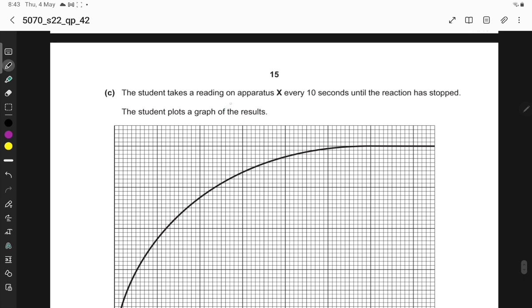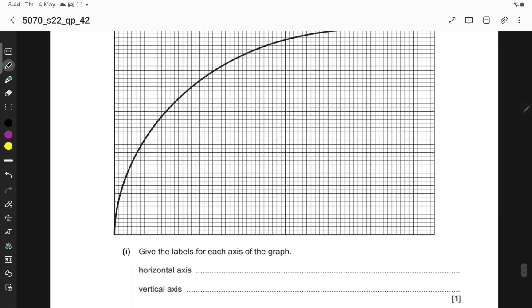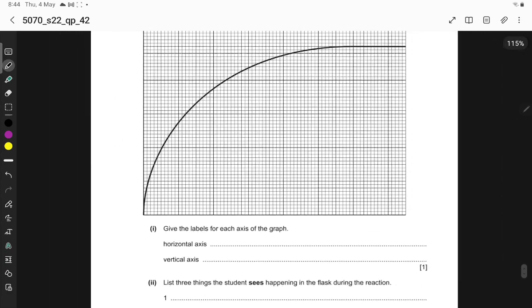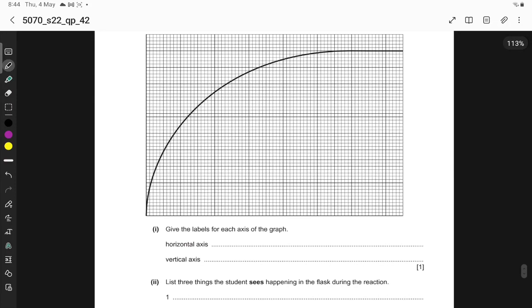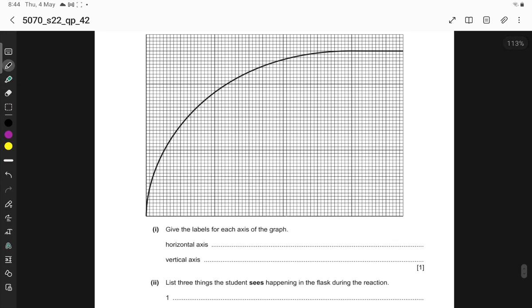The student takes readings on the apparatus every 10 seconds until the reaction has stopped. The student plots a graph of the result. Horizontal axis is time in seconds, and vertical axis is volume of carbon dioxide gas in centimeter cube.